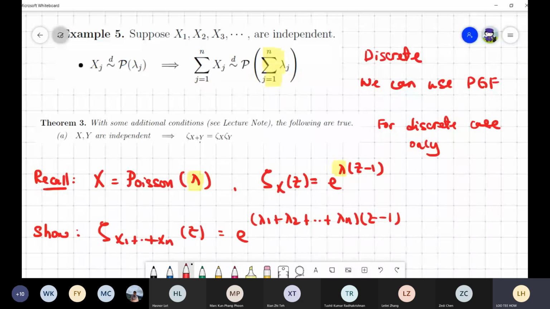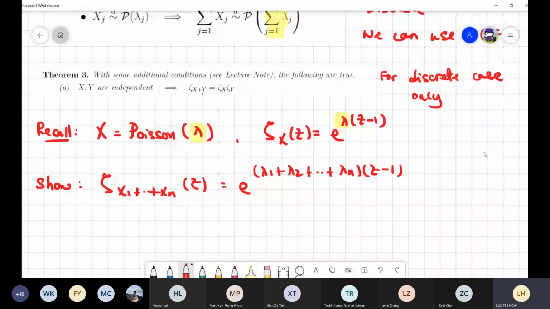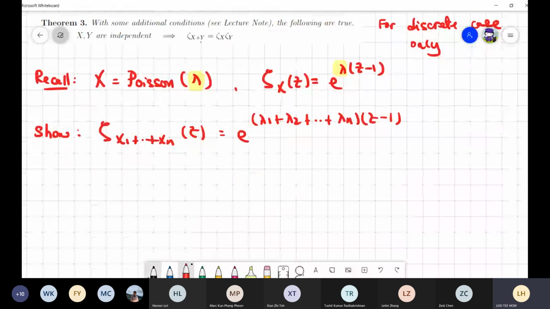This is what we want to get. As long as we can express the right-hand side in this way, the proof is done. Okay, now you know the idea of how to solve this. Now we can look at the solution.